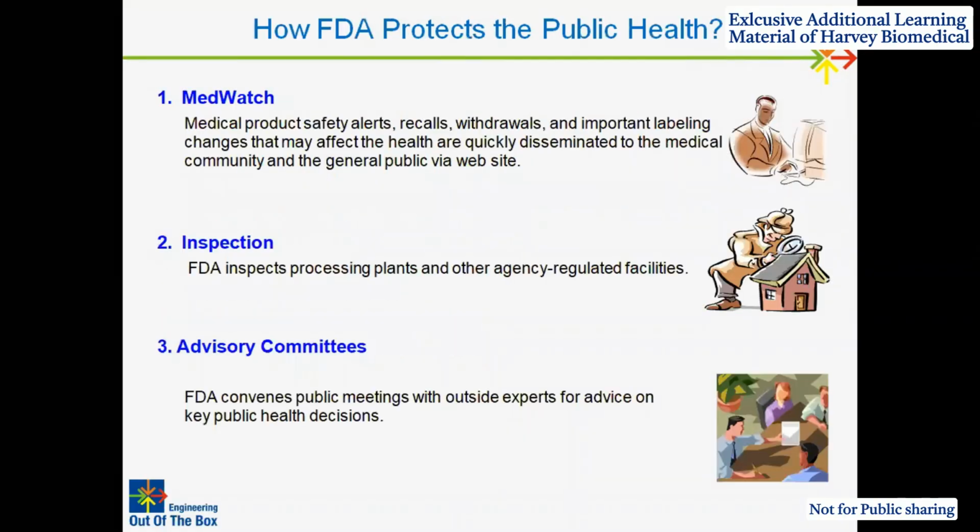How does FDA protect the public health? There are different types of functionality they use for public health monitoring. MedWatch: medicinal product safety alerts, recalls, withdrawals, and important labeling changes that may affect health are quickly disseminated to the medical community and the general public via website.